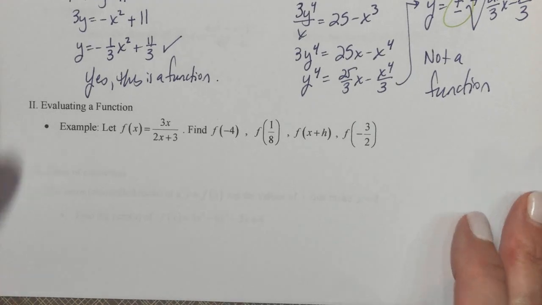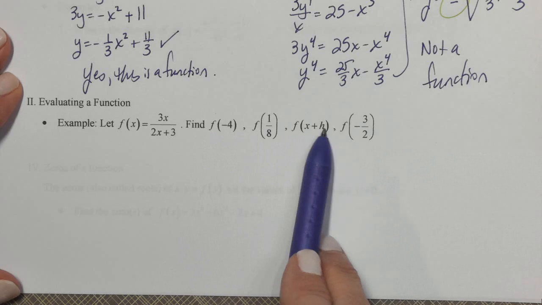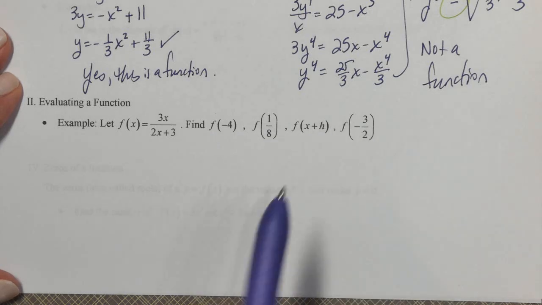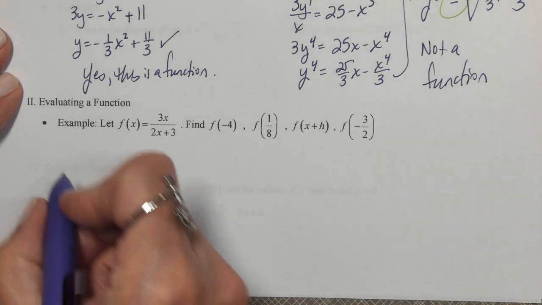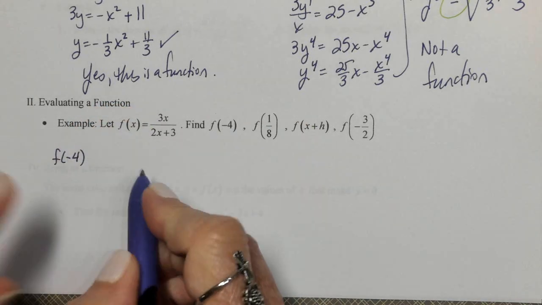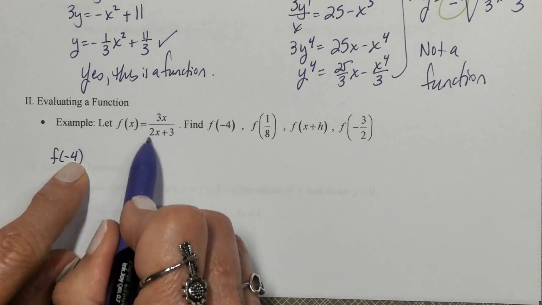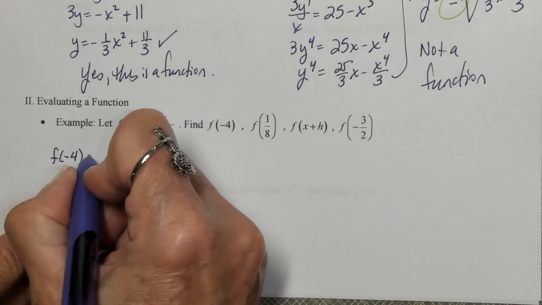Evaluating a function. So here I'm given a function, and I'm asked to find several different values of this function. So let's go ahead and remind ourselves how to do that. f of -4, I am replacing the x with -4. So I go here and I replace every x with -4.